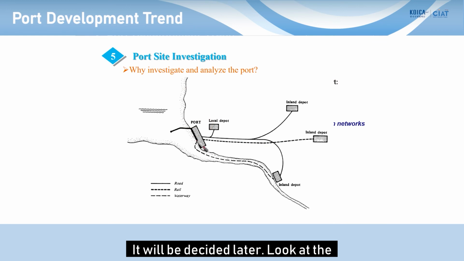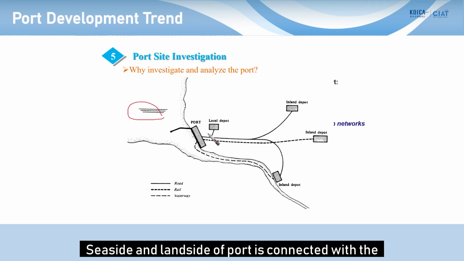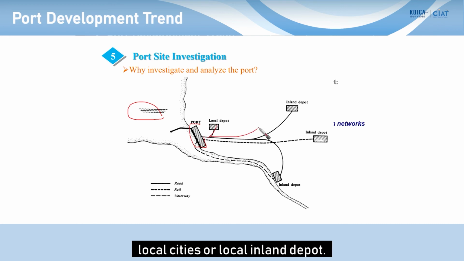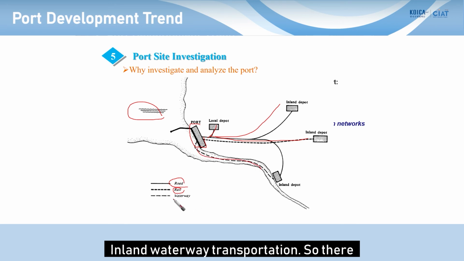Look at this. The seaside and land side: the port is connected with the local cities or local inland depots with the use of road transportation, rail transportation, or inland waterway transportation.